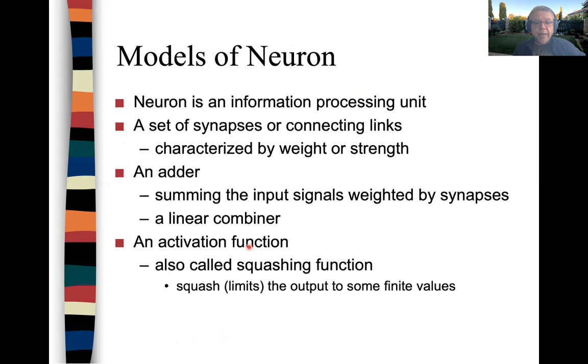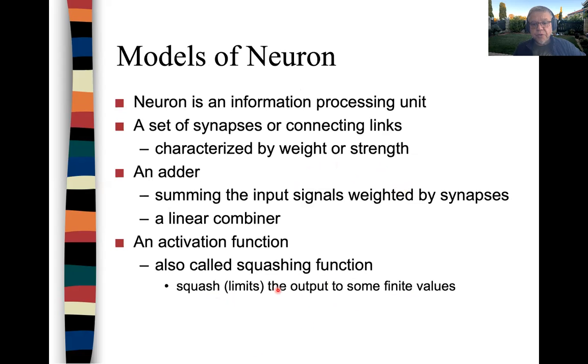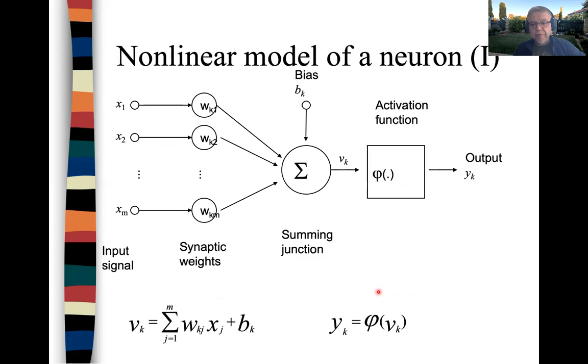And you have an activation function also called squashing function. It's called squashing function because it limits the output to some finite values. So you have the input weighted, you add to it a bias, and then that activation goes through an activation function, phi, which squashes or limits the output to some finite values.